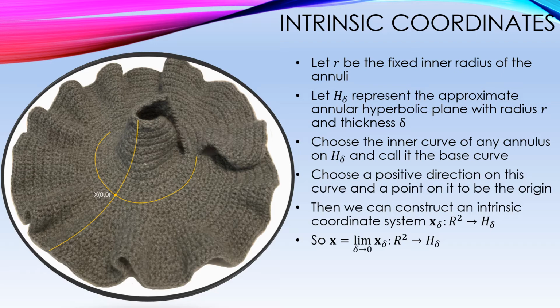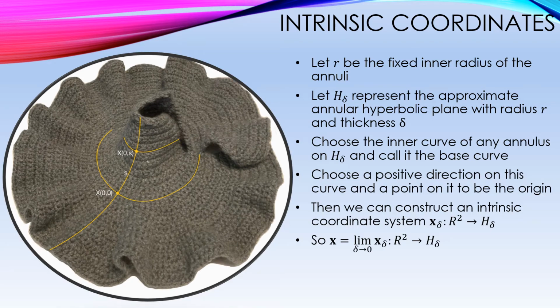So then, by definition, x is going to be the limit as the thickness of our annuli approaches 0 of x sub delta, mapping R squared onto H sub delta. So here we can see another point moving in a positive direction away from our origin 0, 0, up to the point x of 0, s.